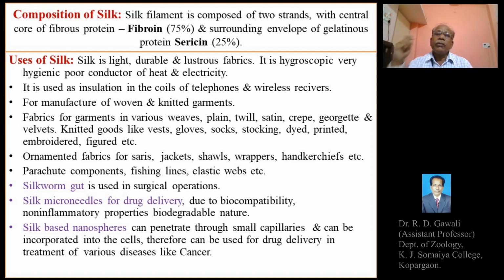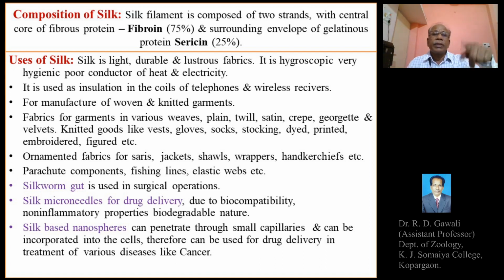So this is a very great medical importance of the silk, that is the use of either microneedles or the use of silk-based nanospheres for the treatment of various diseases in the medical field, for the treatment of the cancers.